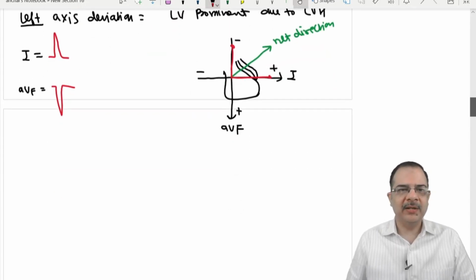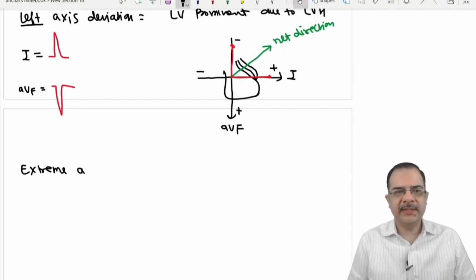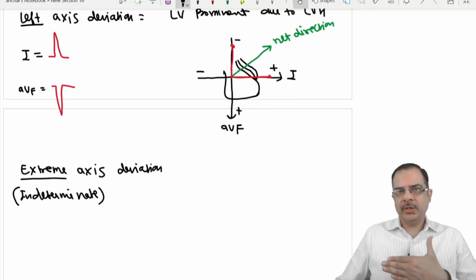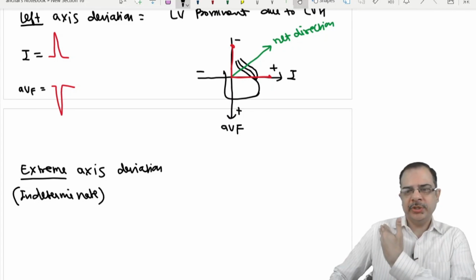Now the third problem is extreme axis deviation. Extreme axis is also known as indeterminate axis. So in dextrocardia, the heart is not only on the right side, but it is posteriorly placed also.